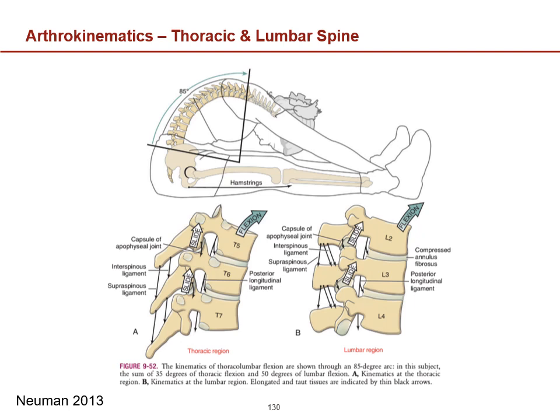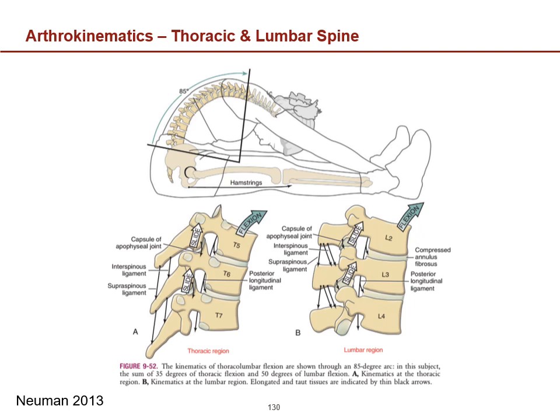Okay, moving to the thoracic and the lumbar, we're going to lump these two segments together from the standpoint that Neumann lumps them together, really because they have very similar kinematics, with the exception of rotation and side bending, which we'll get to, but the models will be the same for both.